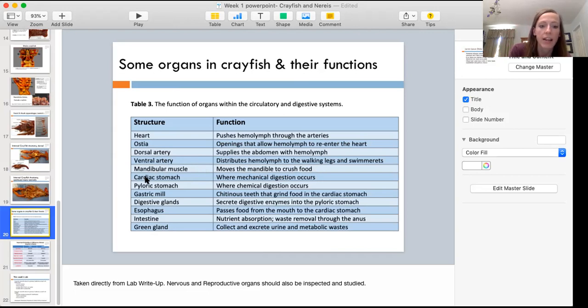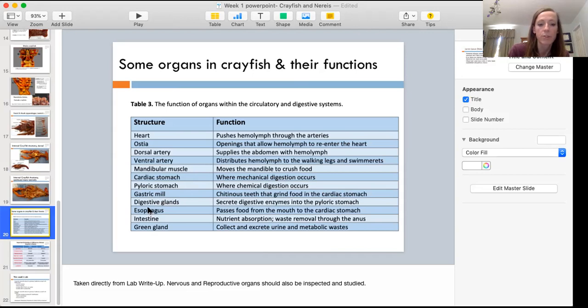And then the cardiac and pyloric stomachs are where mechanical and chemical digestion occur, respectively. Like I said, the gastric mill is this hard sort of teeth-like structure that grinds food. It's present within the cardiac stomach if you cut open the cardiac stomach. The digestive glands help secrete digestive enzymes that help with chemical digestion in the pyloric stomach.